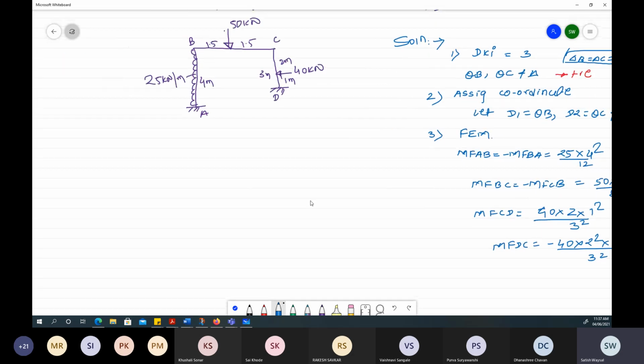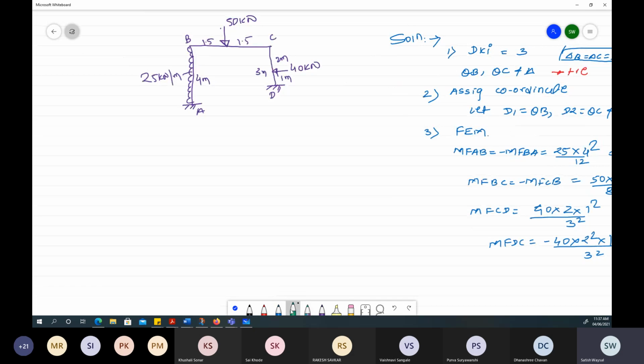Okay, I will draw the first free body diagram for this. I will mark here only ADL1 and ADL2 first. These things we will mark here.